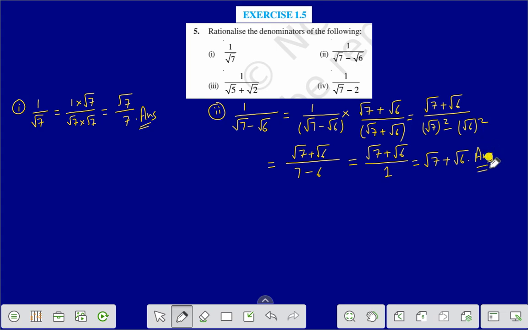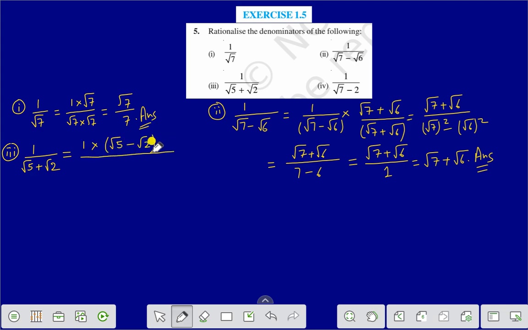Now we'll solve question number 3. Question number 3 here is 1 by root 5 plus root 2. If we want to rationalize, we have to multiply the numerator and denominator by root 5 minus root 2. 1 into root 5 minus root 2.